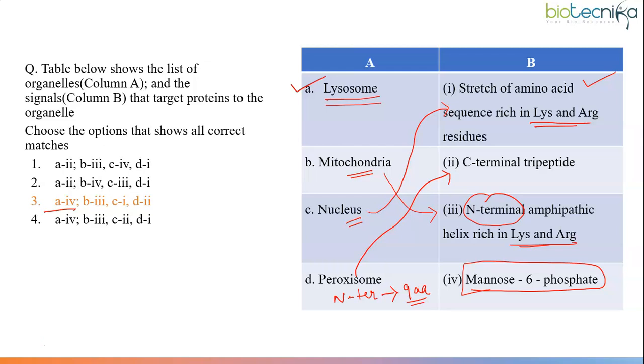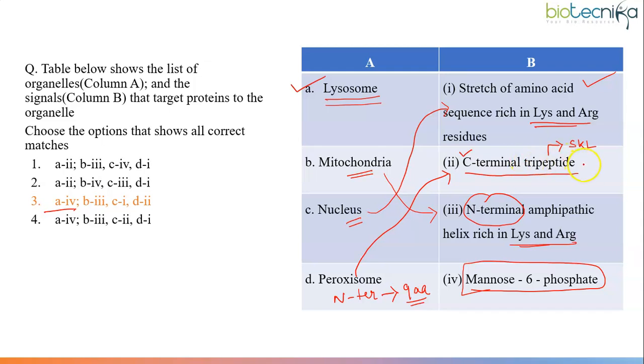Otherwise, the protein or the polypeptide should have a C-terminal tripeptide sequence. What is the tripeptide? We call it an SKL sequence: serine, lysine, leucine. It is present towards the C-terminus. So either of these signaling sequences can serve as a sorting signal for a protein to enter inside the peroxisome.